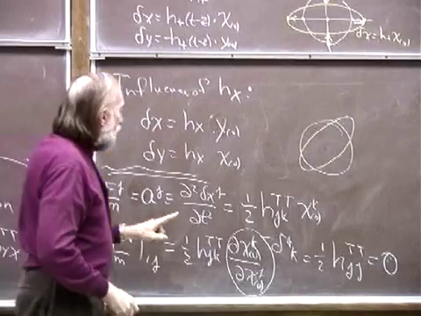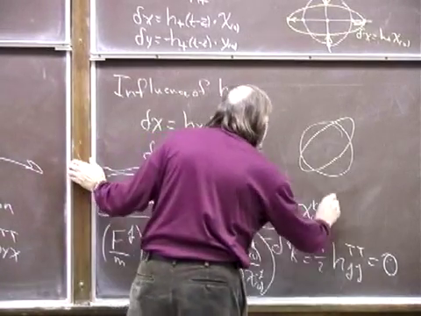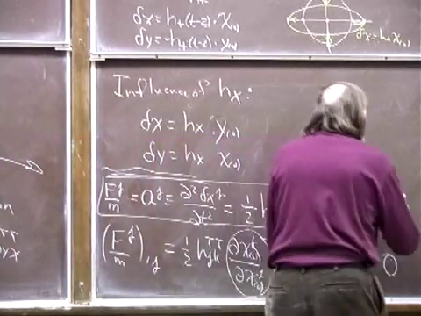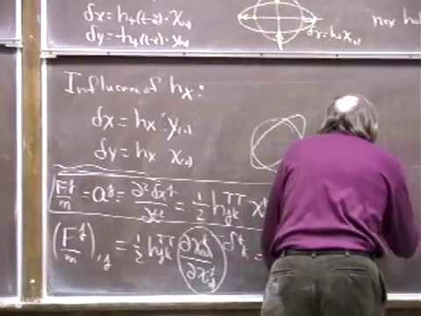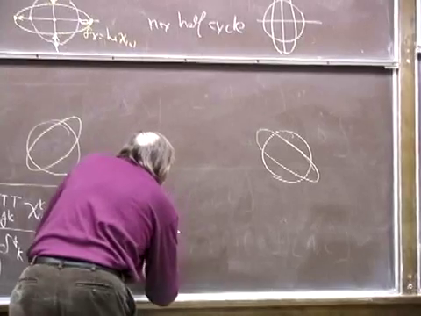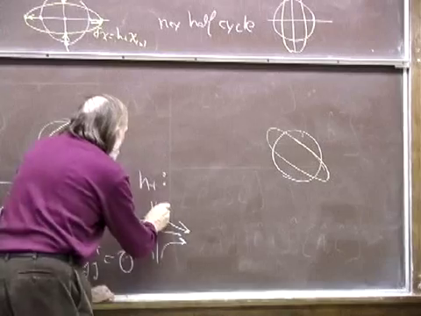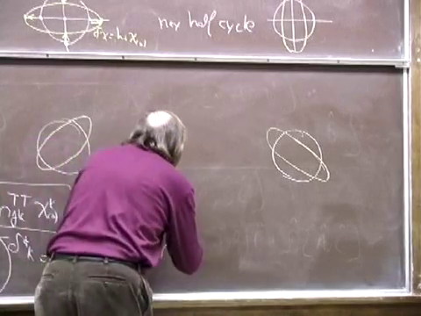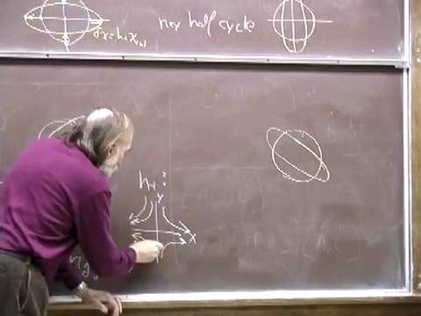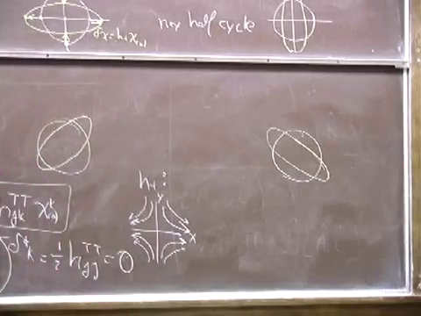So you can just ask, what are the field lines that you would draw corresponding to this force field? And the answer, not surprisingly, is for the h plus component, these are field lines that stretch along the x direction and squeeze along the y direction. And so they're just like magnetic field lines in a quadrupolar magnet that's used in particle accelerators.